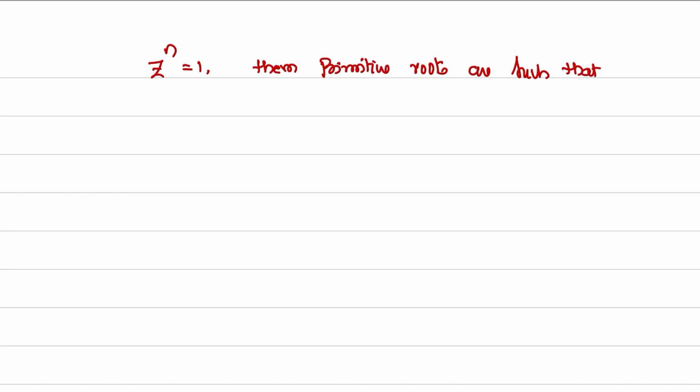That means ultimately, if z to the power of n is equal to 1, then primitive roots are such that z to the power of k is not equal to 1 when 0 is less than k is less than n.